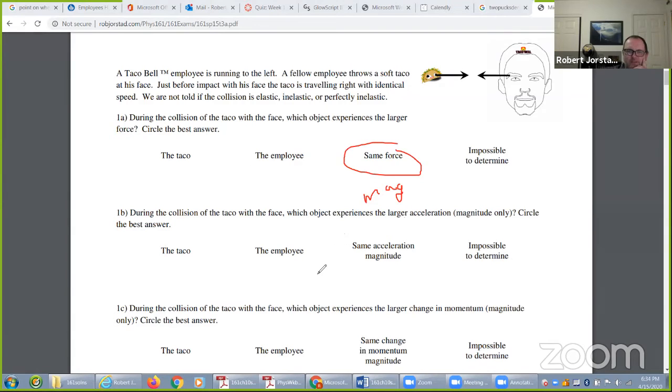Same force magnitude. I should have put the word magnitude in here. So in this case, the smaller mass.